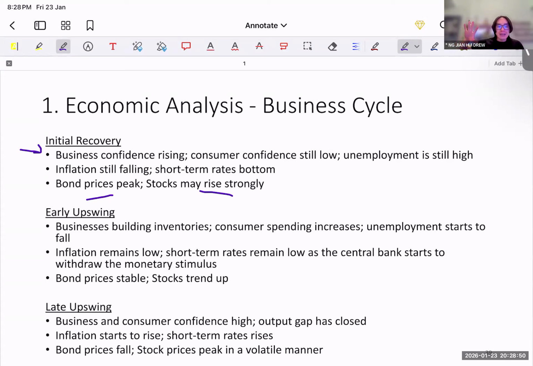Then we start going faster and faster, meaning we go on an upswing. The early upswing is where the business starts improving, unemployment starts falling, stock prices increase, and inflation remains low. This is where the short-term rates or the central bank rates still remain low.